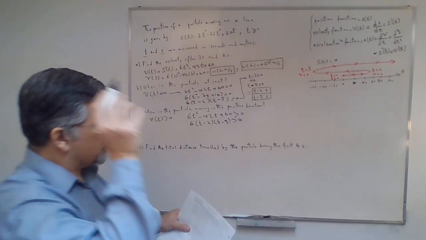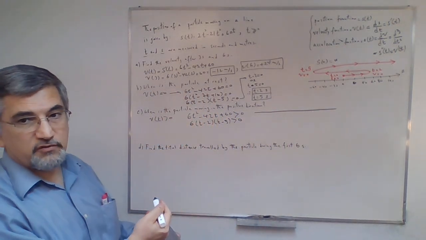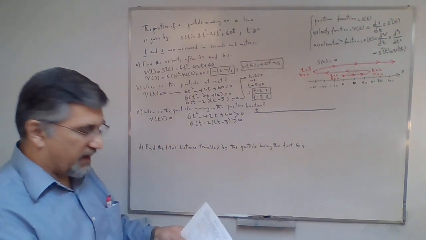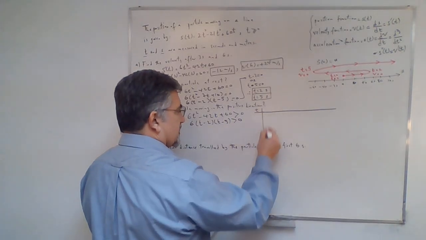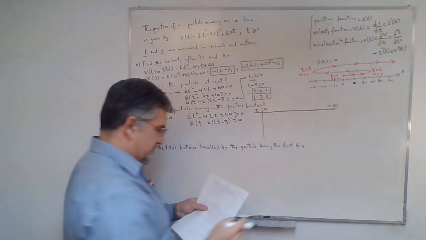I need to construct a chart to determine the sign of this quadratic trinomial. So at the top, I have my variable, which is time. It's t, and it starts from 0, obviously. Theoretically speaking, it goes to positive infinity.